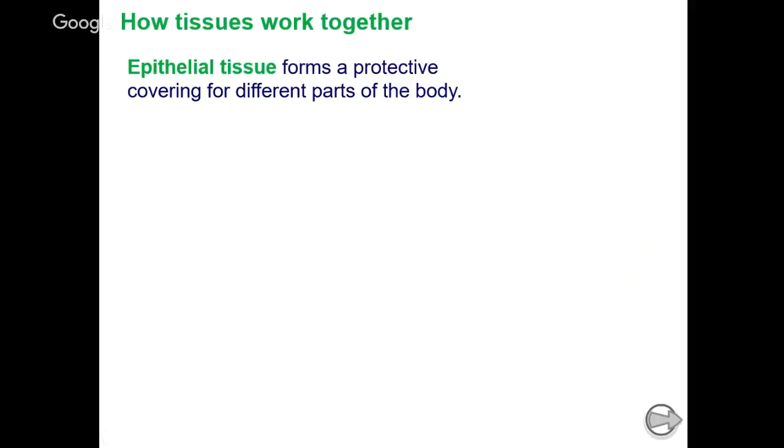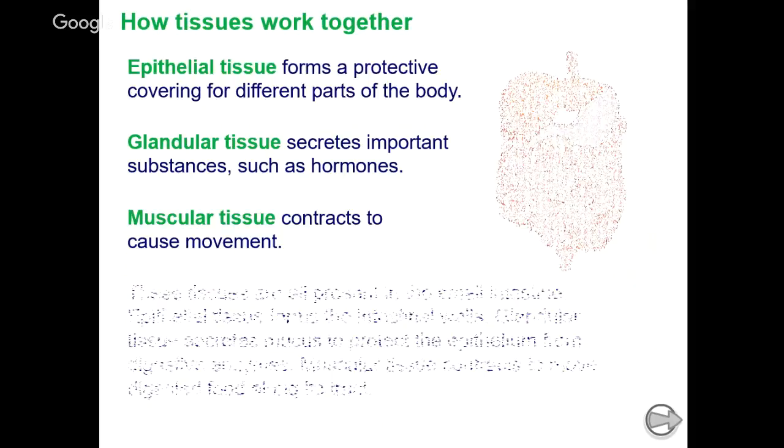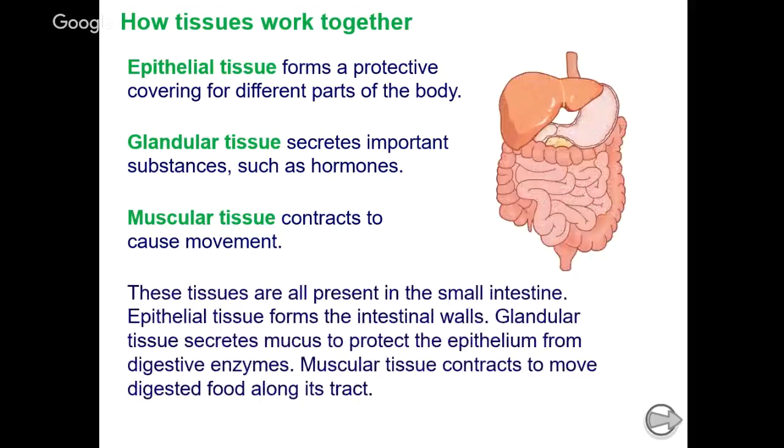Now, when groups of specialized cells come together, they form tissues. I think we need to know about 3 main types of tissue. There's epithelial tissue. That's the tissue that basically surrounds organs and it surrounds vessels. There's also glandular tissue.